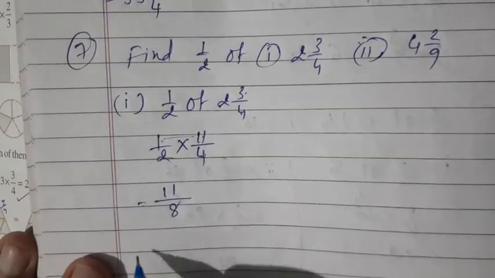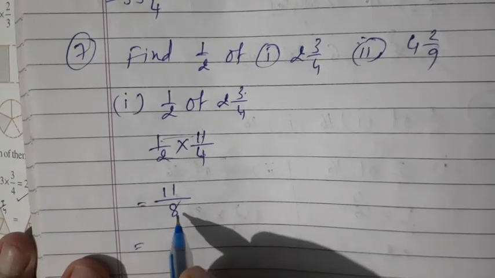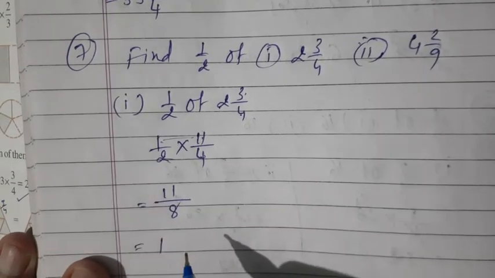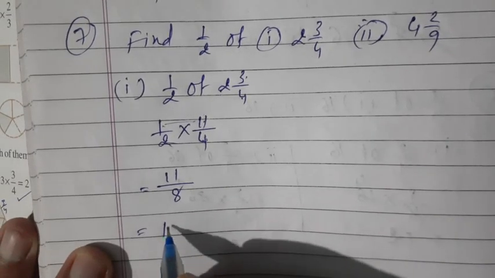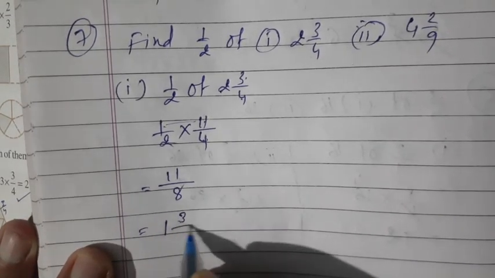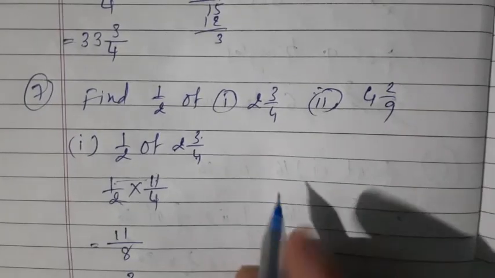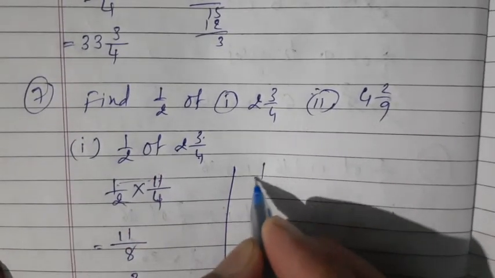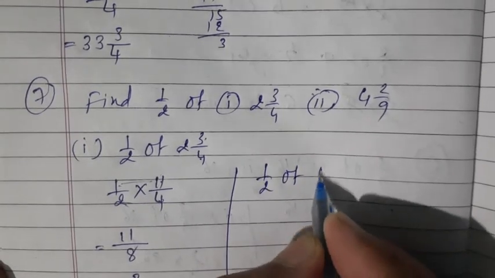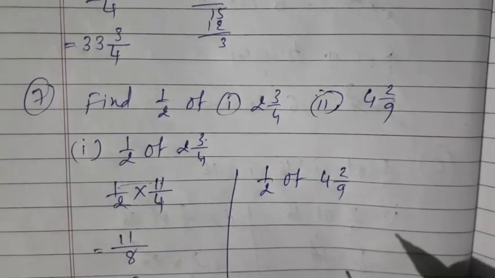Now convert into mixed fraction. 11 upon 8. 8 1s are 8 and 3. That's your answer.